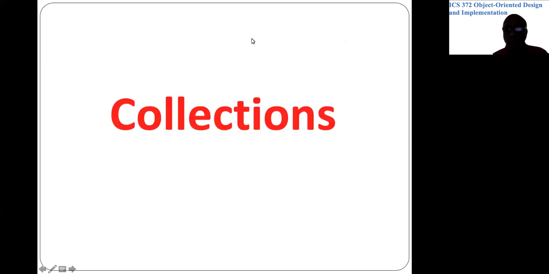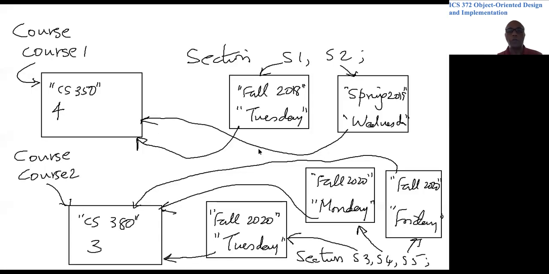So let's switch to the whiteboard here. Let's look at this particular situation. We have two courses. Course 1 has the name CS350. It is 4 credits.